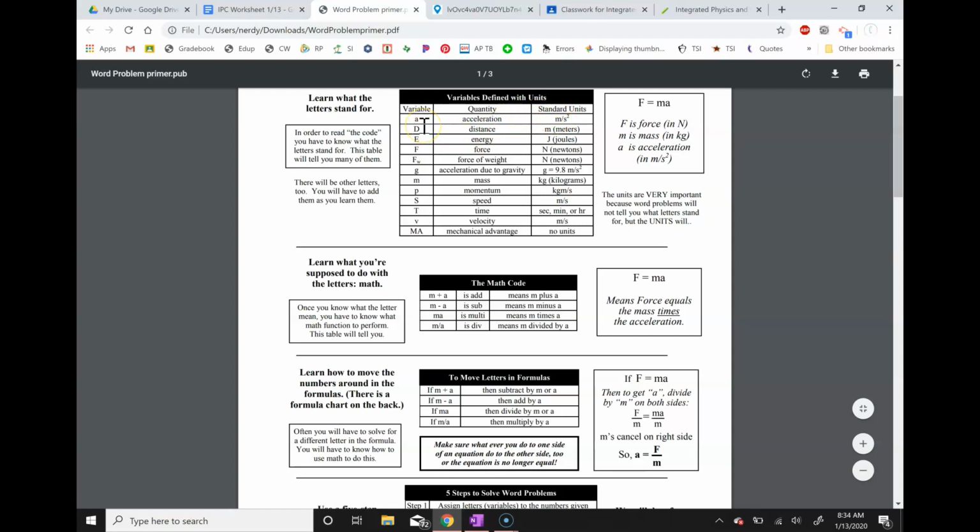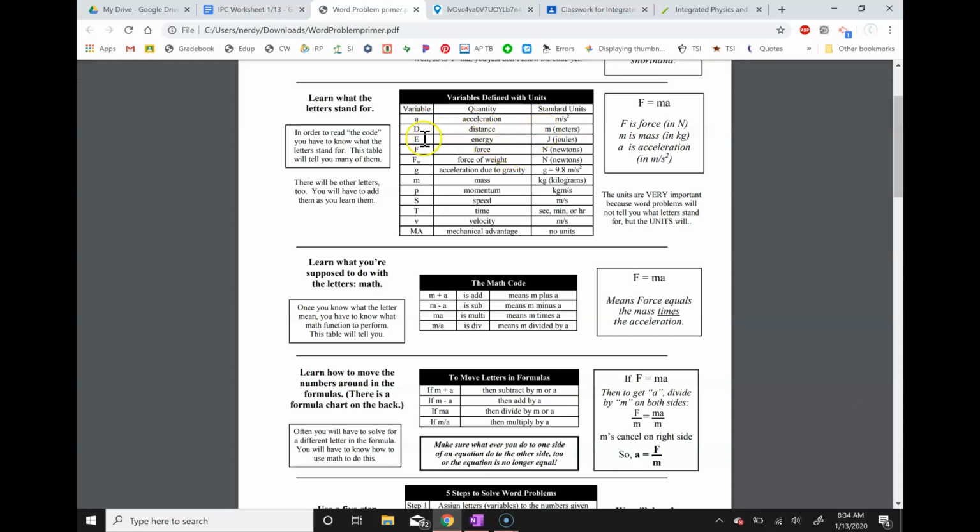Next up is capital D for distance, and we measure that in meters or lowercase m. Next, we have capital E, which stands for energy, which is measured in joules, which we abbreviate with a capital J. We have capital F, which is force, which we measure in newtons, or capital N.